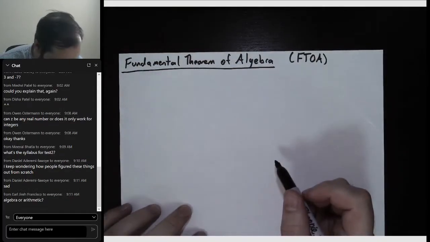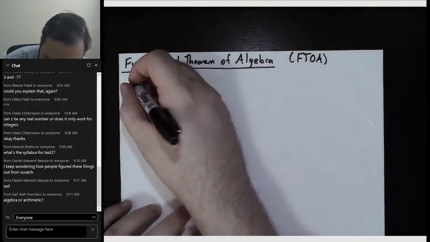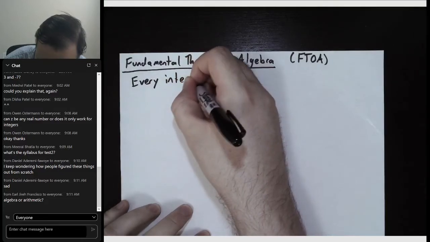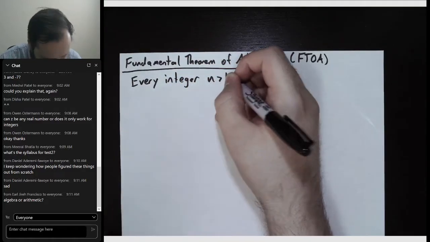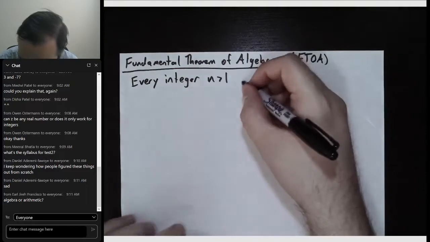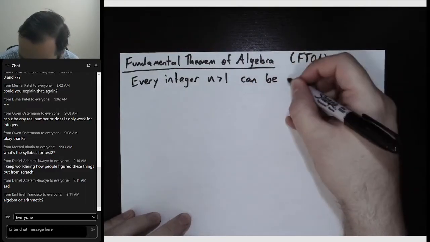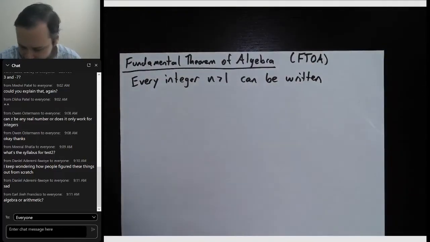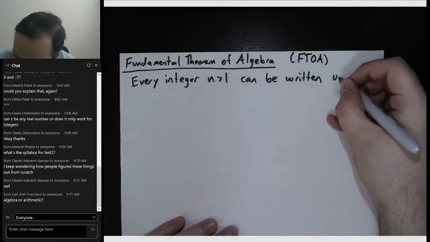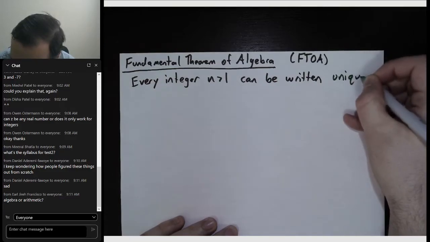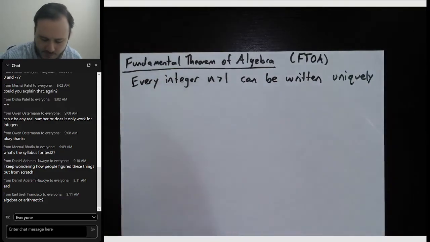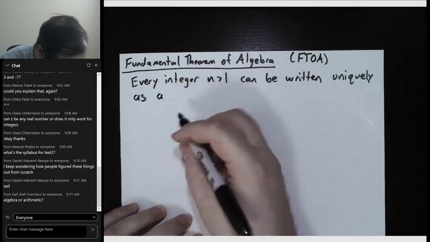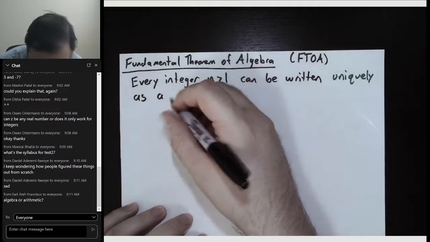So the fundamental theorem of algebra says every integer n that is bigger than 1 can be written, and this is important, uniquely as a product of prime numbers.